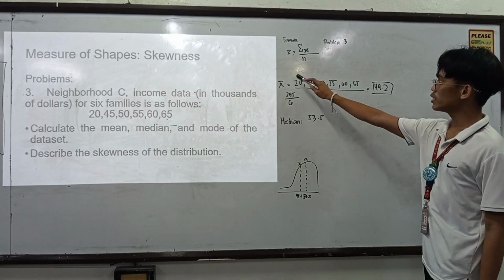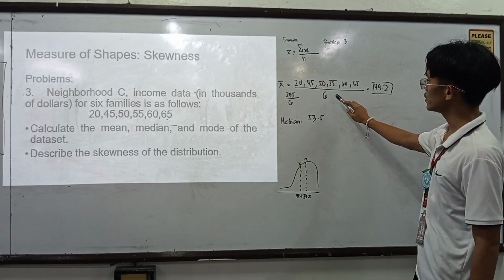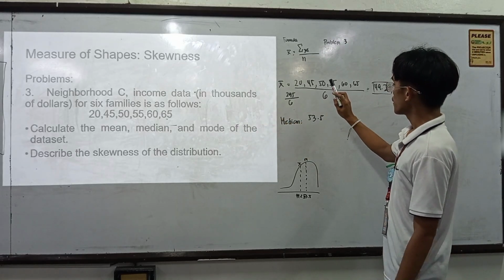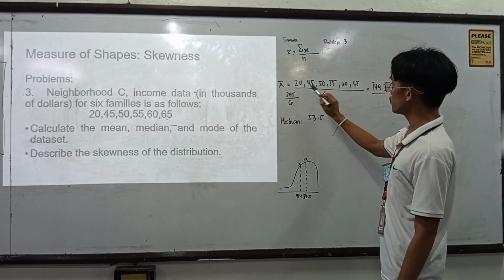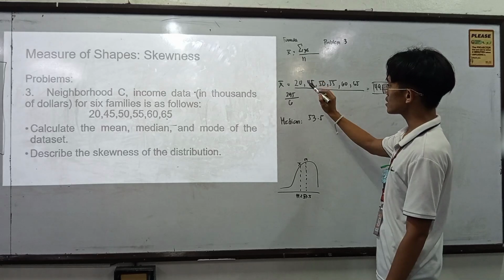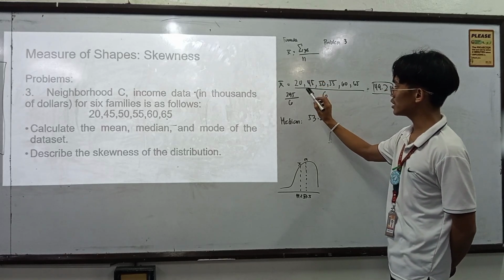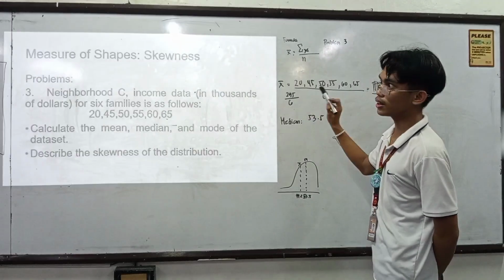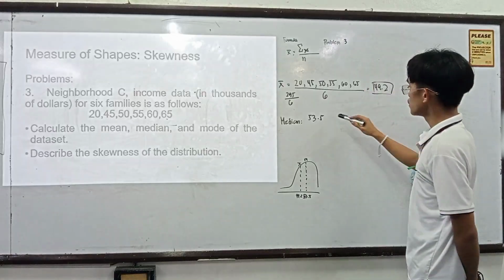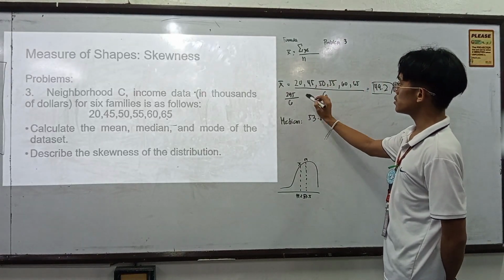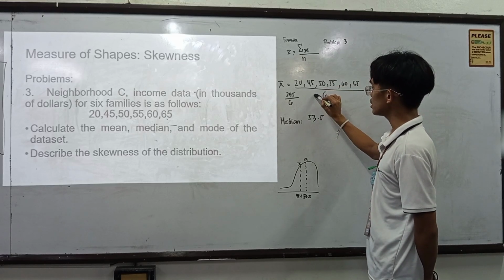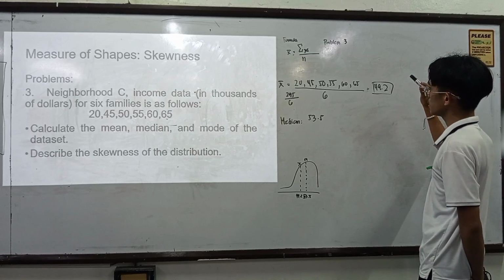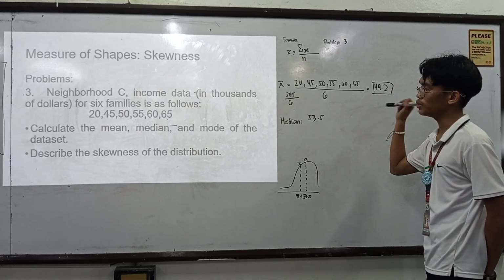The summation of the dataset is 295 over 6, because 6 is the number of values in the dataset. Dividing 295 by 6, we get 49.2, and that is the value of the mean.